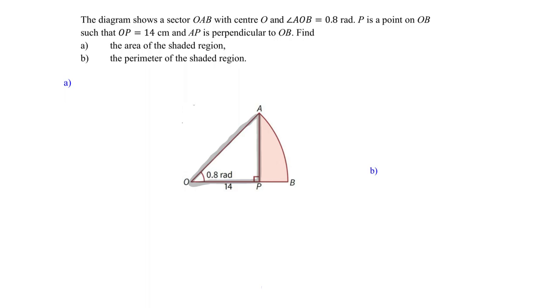Find the area of the shaded region, which is the orange color one. This is the orange shaded region, or the red color. I will need to find, so this is the approach, the blue color sector area, which is the whole thing.